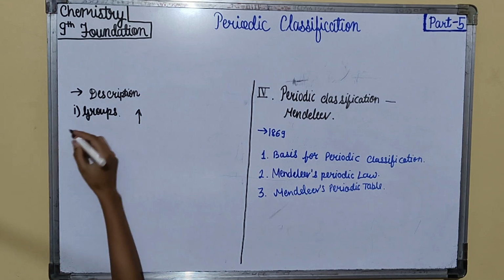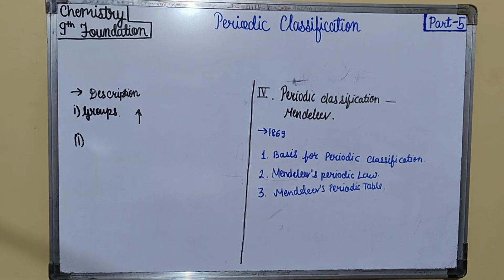Then there are periods. The horizontal rows of the periodic table are known as periods. There were 7 periods represented by Arabic numerals 1 to 7. To accommodate more elements, periods 4, 5, 6 and 7 were divided into 2 halves.